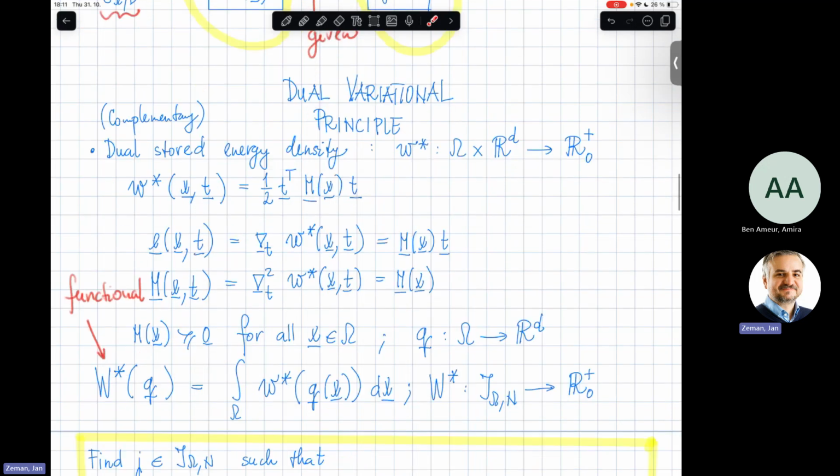And I will also assume that this M of x is everywhere a positive definite tensor, matrix, and I will just take the response of the full body by integrating these contributions.